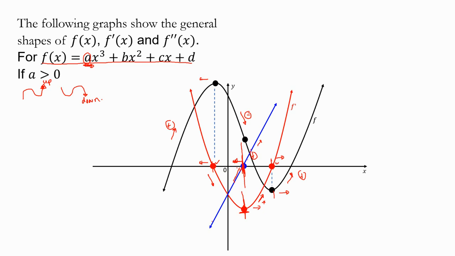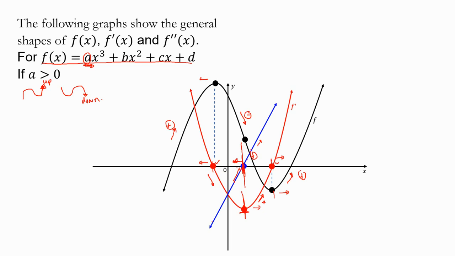So what have we learned? Remember this. The x-coordinates of the turning points of the cubic function are the x-intercepts of the first derivative graph. The x-coordinate of the point of inflection of the cubic function is equal to the x-coordinate of the turning point of the first derivative graph.